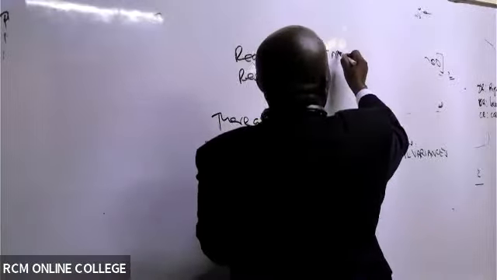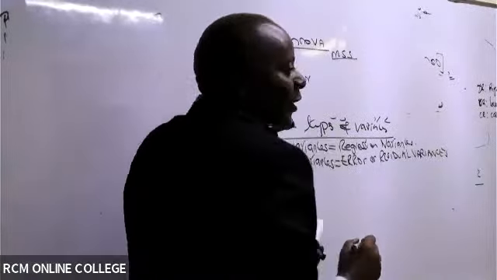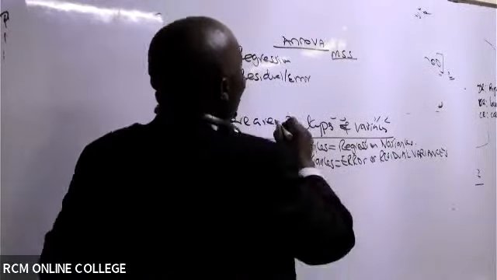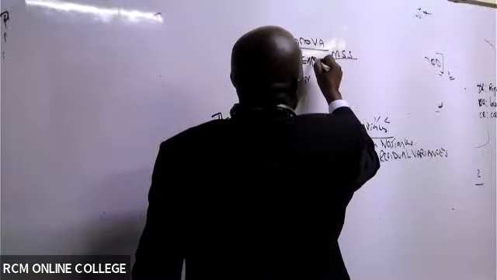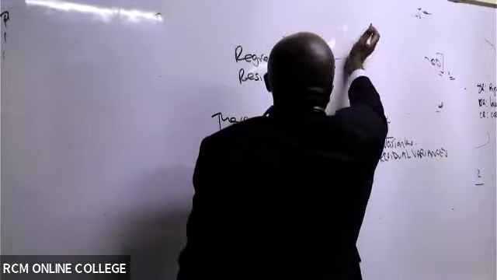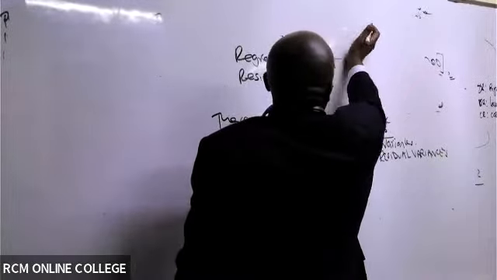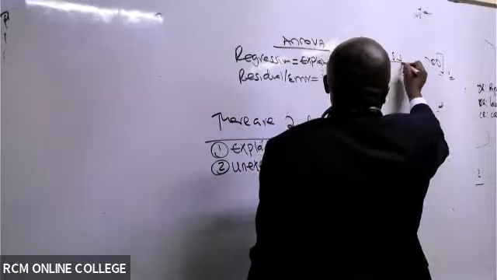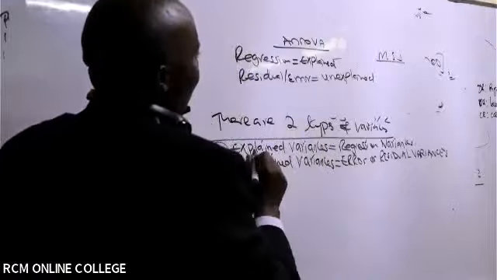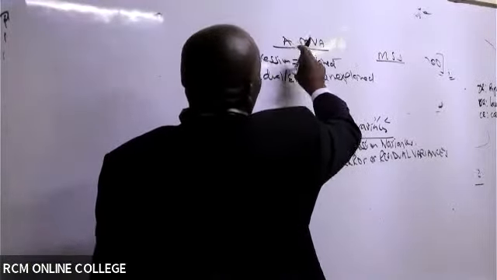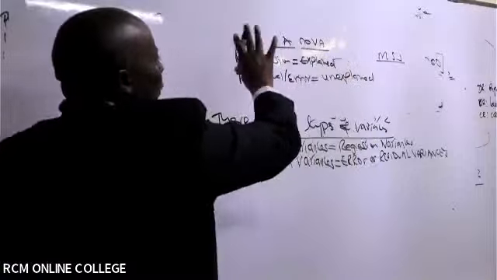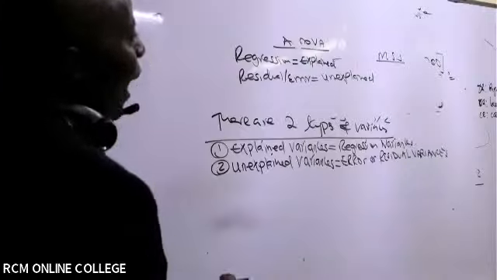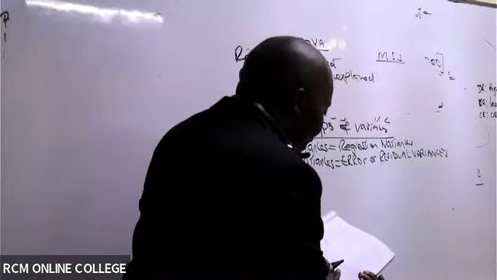Regression is what we call explained, and residual is what we call unexplained. So please give me the mean sum of squares from the ANOVA table. ANOVA meaning analysis of variance, of which there are two types of variances.